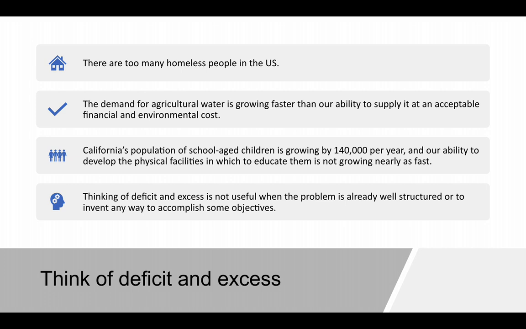This thinking of deficits and excess is not useful when the problem is already well structured. This is particularly true when we're talking about infrastructure, right? So how many roads you need to build, how many miles, in a certain period, and the budget is already set. So there's not so much you can do.